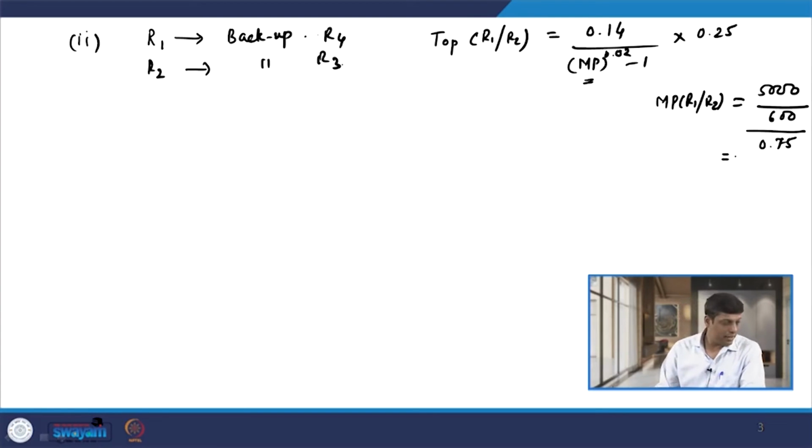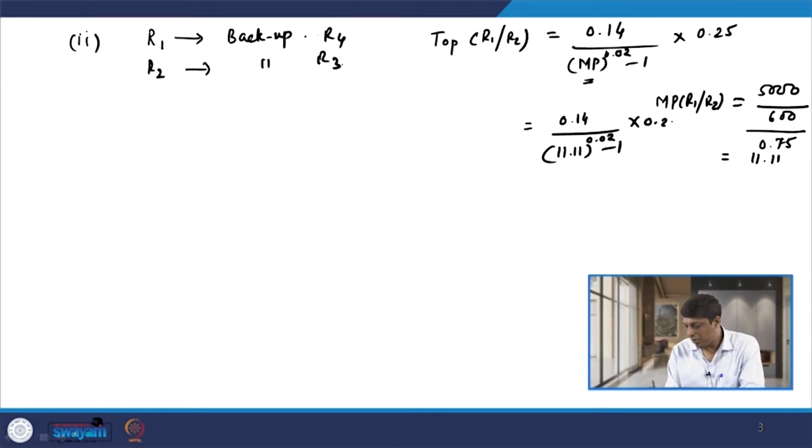This value comes out to be the 11.11 we have already calculated. So, if I put this value here, 0.14 over 11.11 raised to 0.02 minus 1, into 0.25, this value comes out to be 0.709 second.